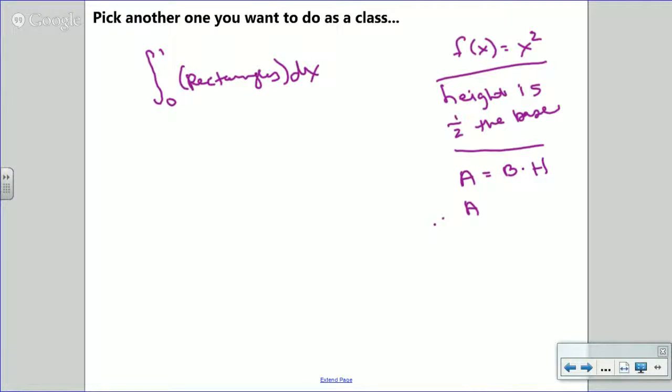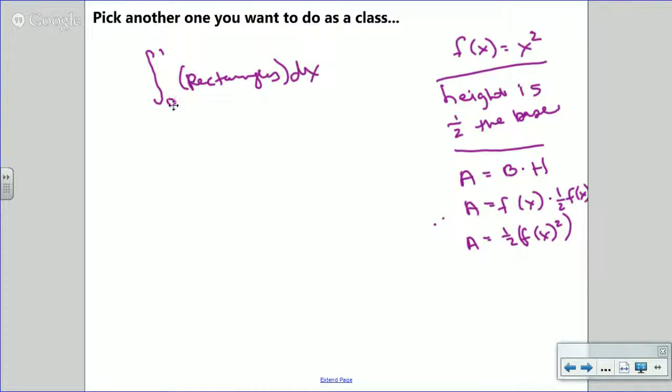For our case, the base is what? It's f of x, right? And the height is 1/2 the base, so 1/2 f of x. So really, each area is 1/2 times f of x, or f of x squared, right?